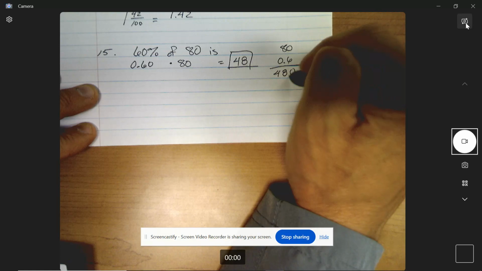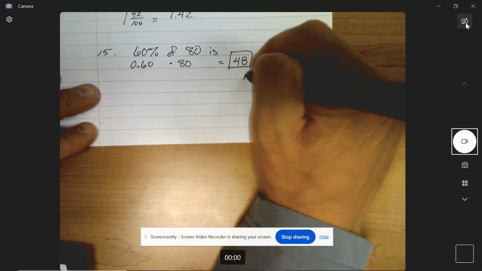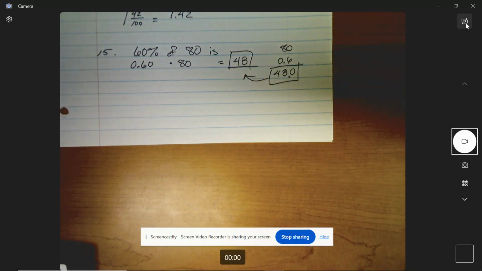Move the decimal point one place. Are you happy now? Yes.